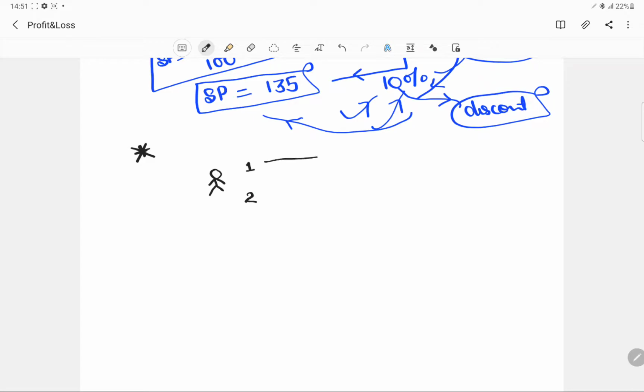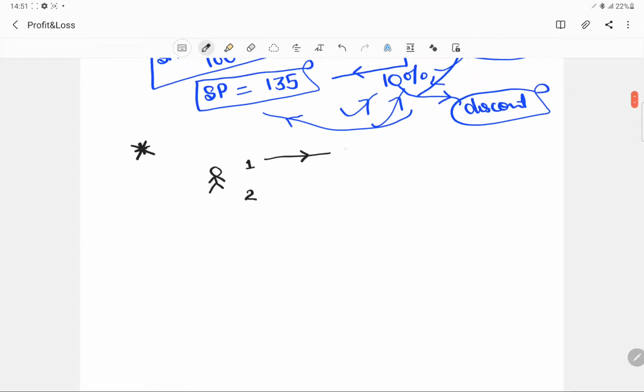Now he ended up selling the first article for the selling price SP, and the second article also for the same price. So both of them were equal, but in the first case he had an X% loss, and in the second case he had an X% profit.